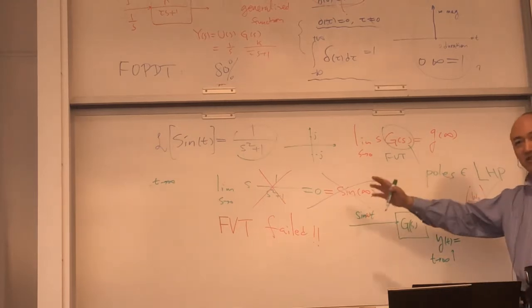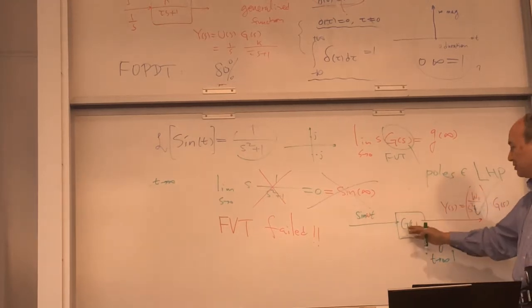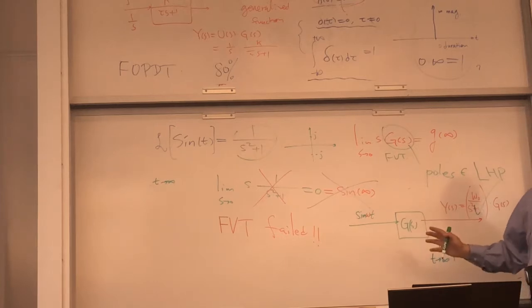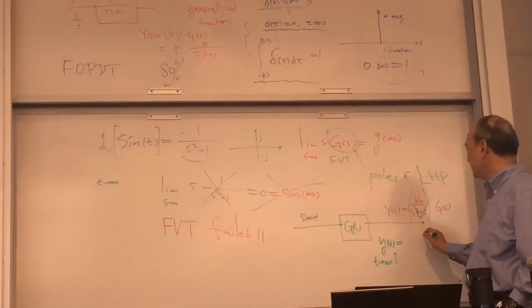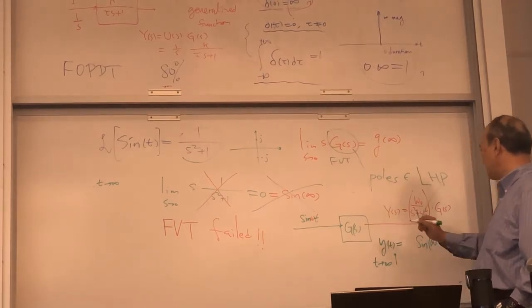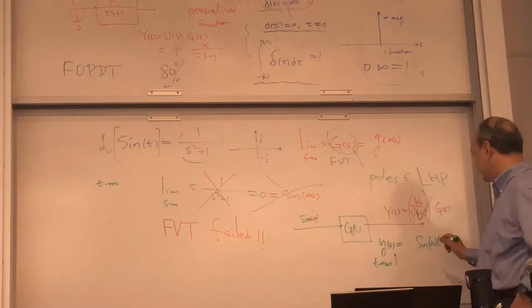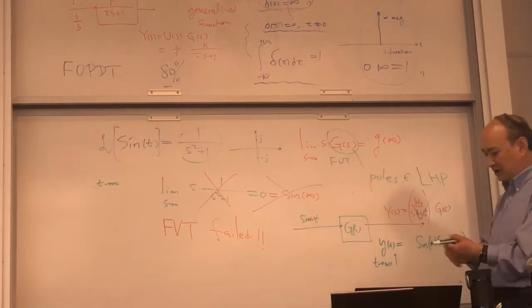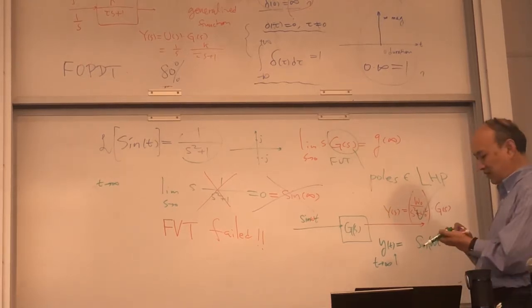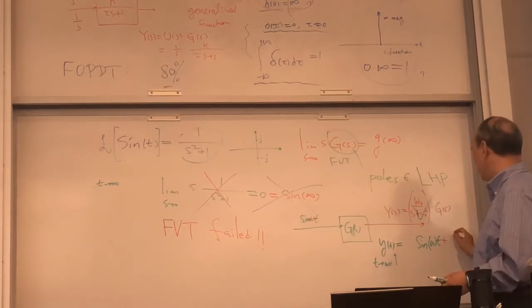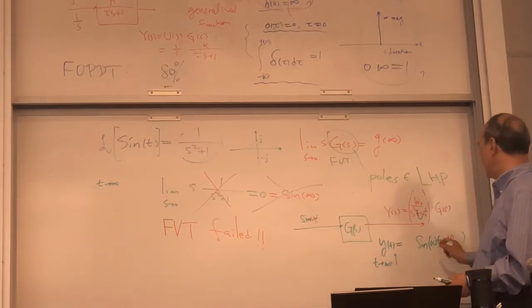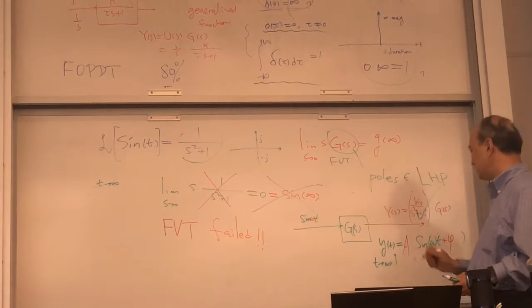What you really should think is, you give me a sinusoid going through a linear system, and after a long time the output is still a sinusoid. It is still omega t, but it has a different amplitude and a different phase.